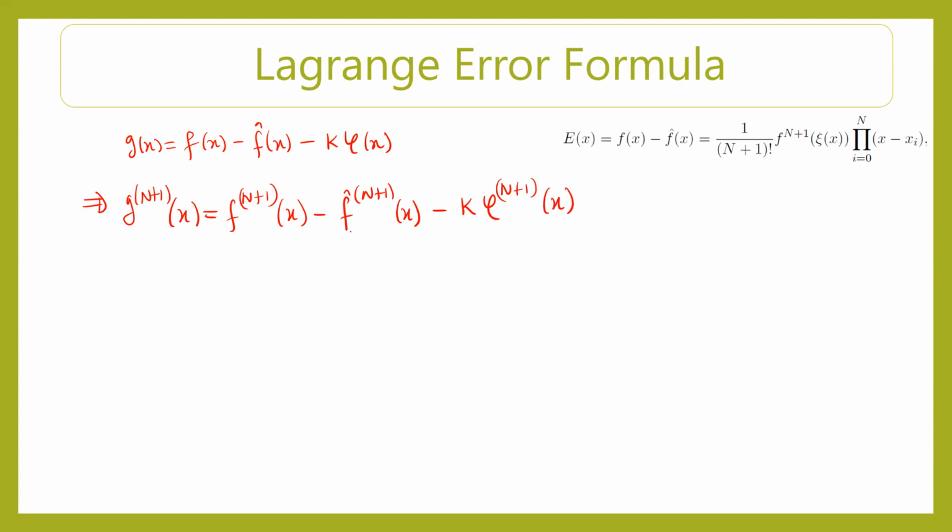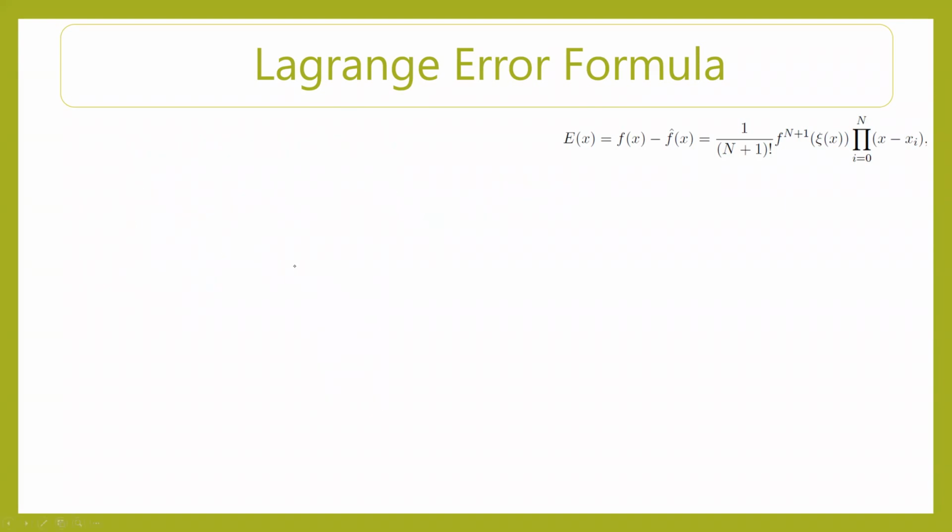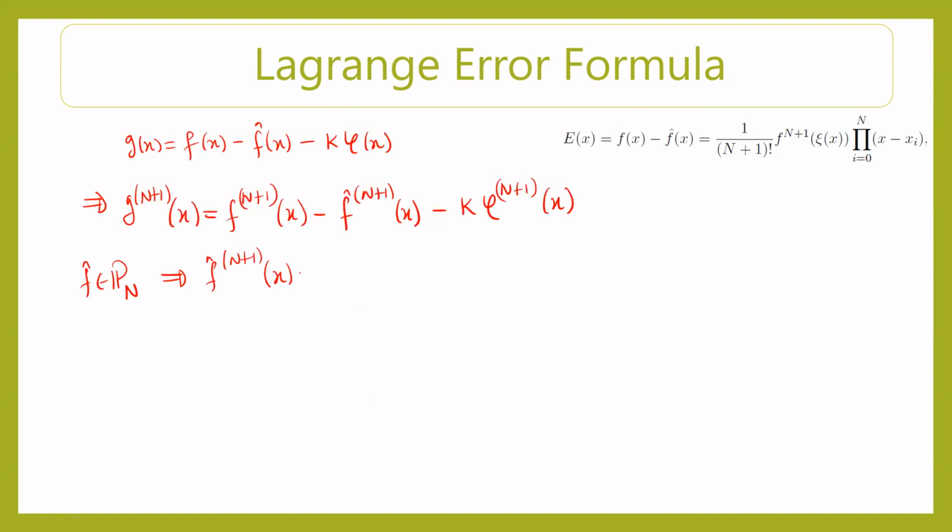Remember that f hat is a polynomial of degree at most n. This means when I differentiate a polynomial of degree at most n, n+1 times, the derivative will be 0. So this term practically is 0.